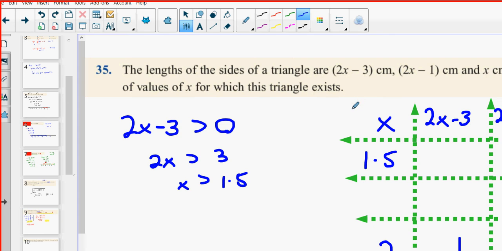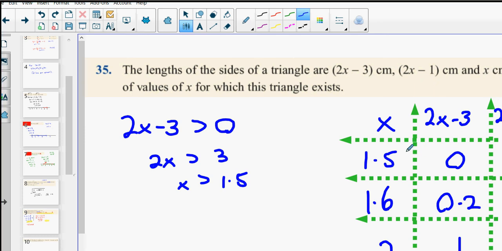3, take away 3 is 0. And then that'll be 2. You still can't have a 0 length, can you? That's not allowed. Would 1.6 work? Let's look at it. 2 times 1.6 is 3.2, take away 3 is 0.2. 2 times 1.6, take away 1 is 2.2.